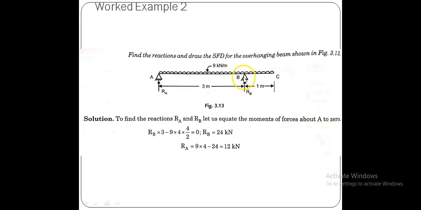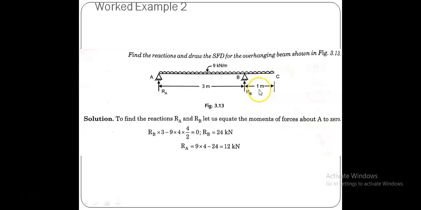I put the sign plus for anti-clockwise moments, and all clockwise moments I put the sign negative, therefore minus 9 into 4. This is the total force of this UDL, uniformly distributed load, and this load is assumed as acting at the centroid of this span of the load.